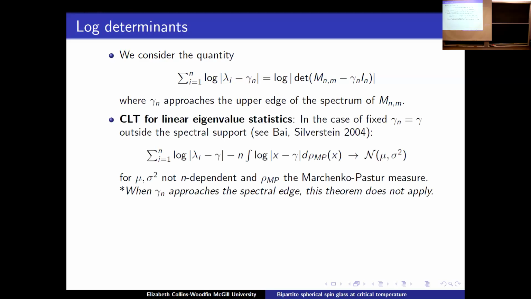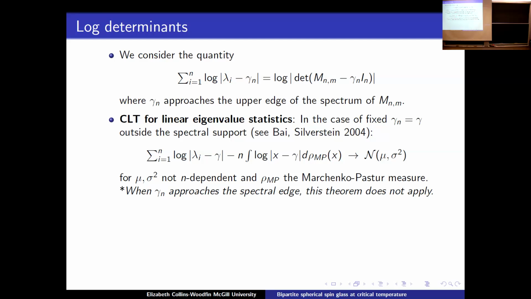So this is what I wanted to compare it to, which is this other result in random matrix theory. Imagine, I told you that gamma n was going to approach the edge of the spectrum. What if we thought about instead gamma as some fixed value that's outside of the spectral support?